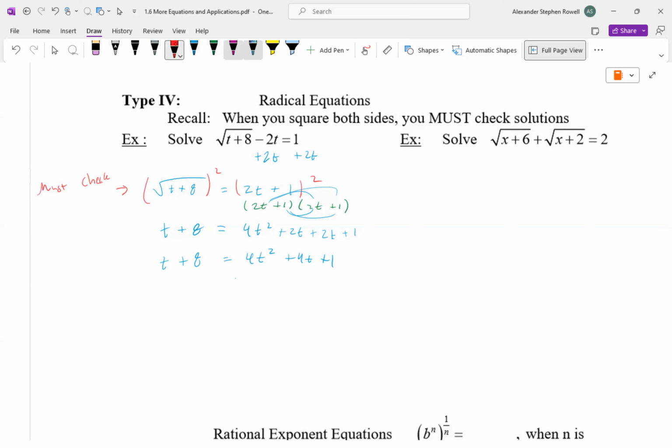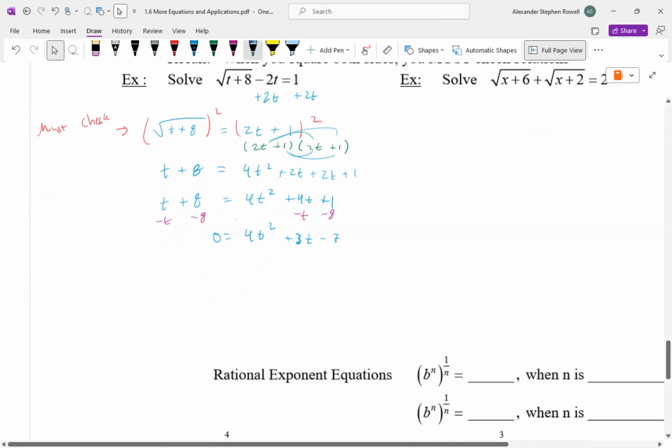What type of equation am I left with now after I squared both sides? Quadratic, and your pros is quadratics, right? All right, let's subtract t from both sides. Let's subtract 8 from both sides, and we get one side 0, 4t squared plus 3t minus 7. Please be factorable.